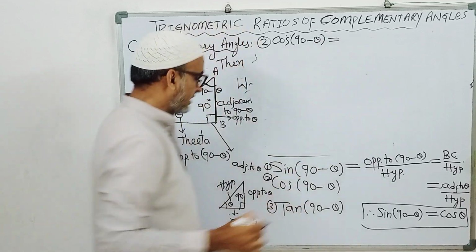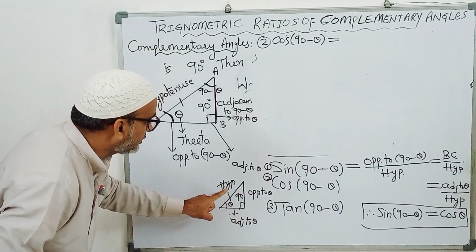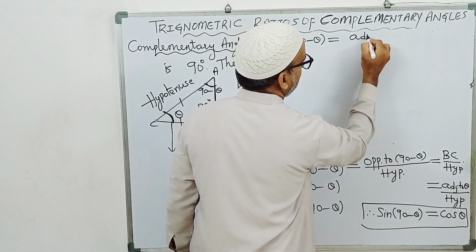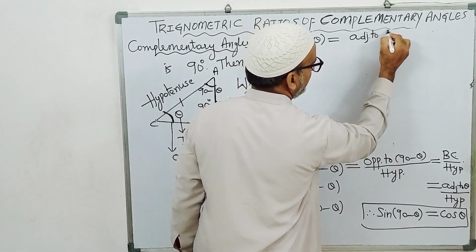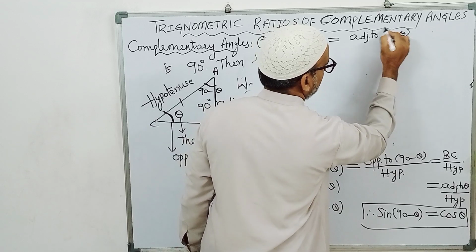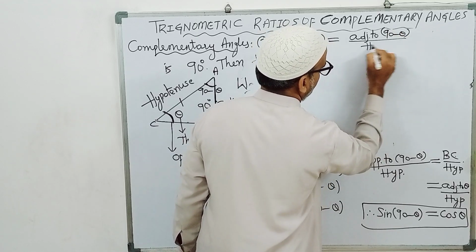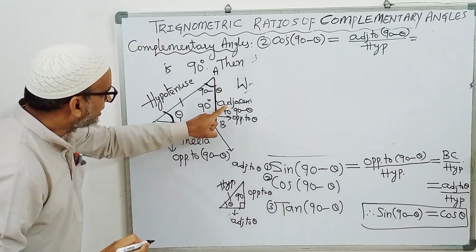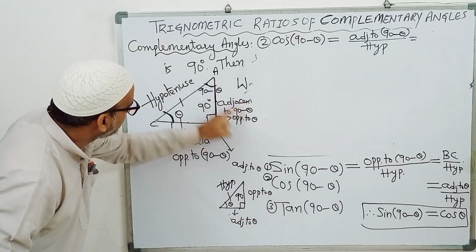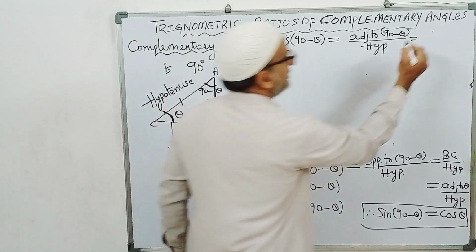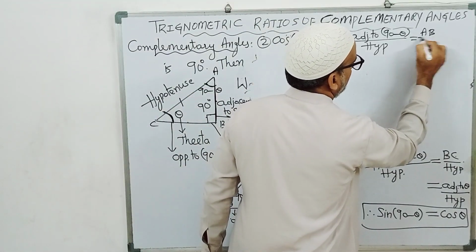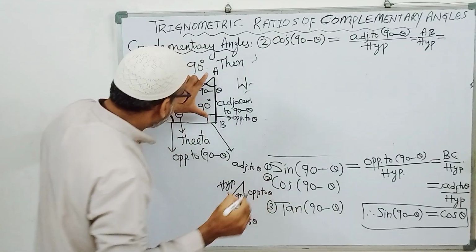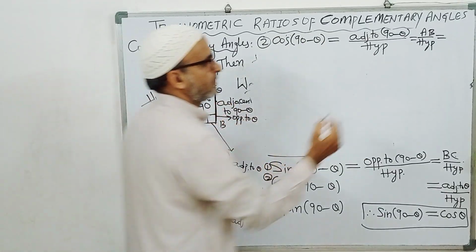According to the definition, cos means adjacent by hypotenuse. Means adjacent to 90 minus theta by hypotenuse. Adjacent to 90 minus theta is AB, and AB's another name is opposite to theta.